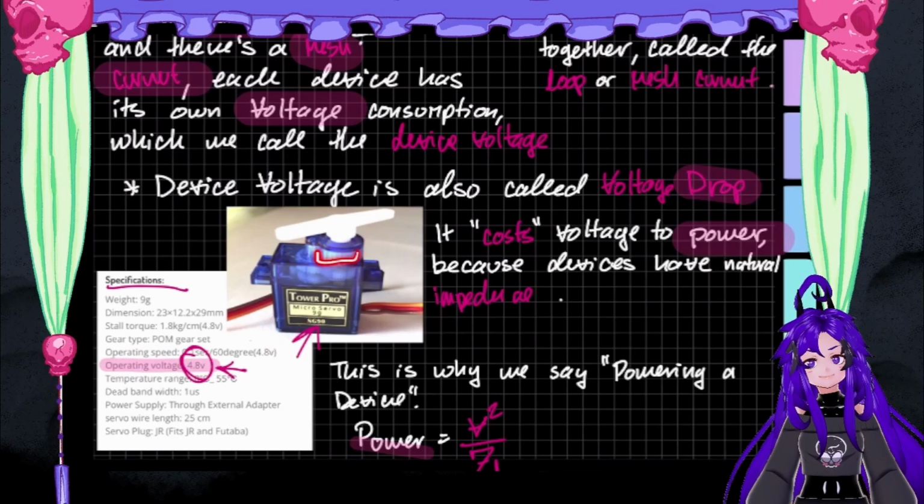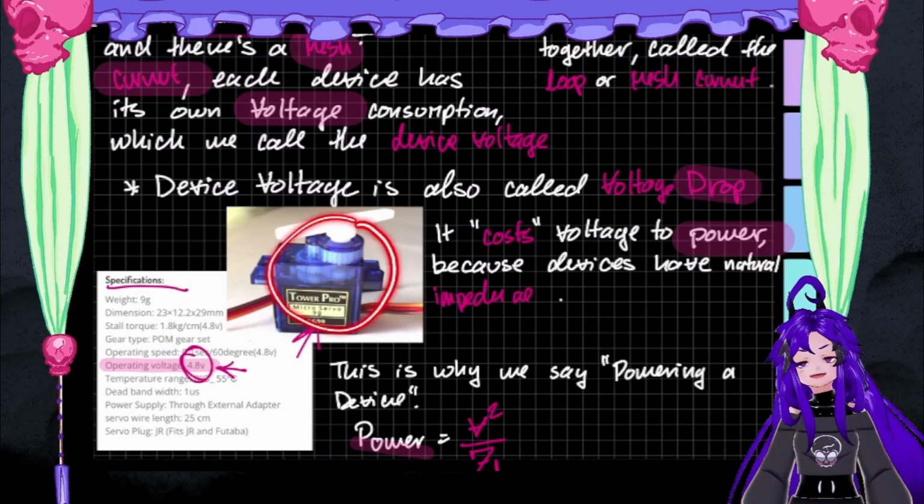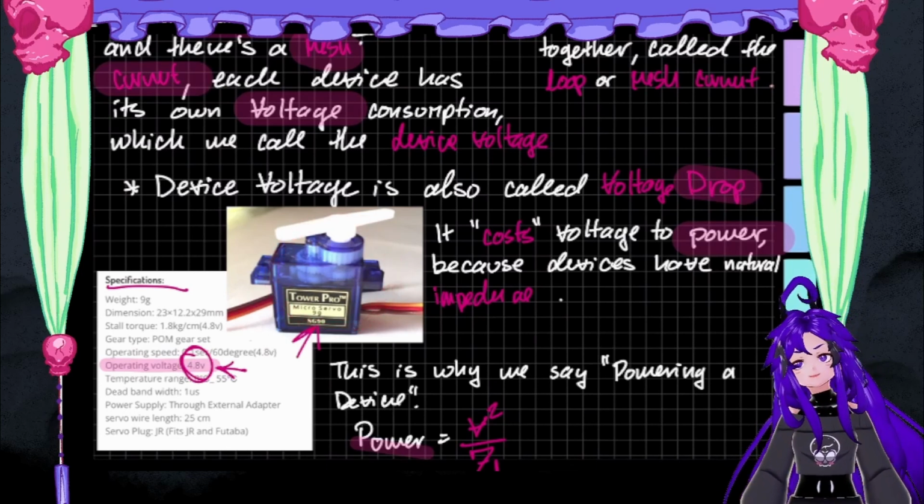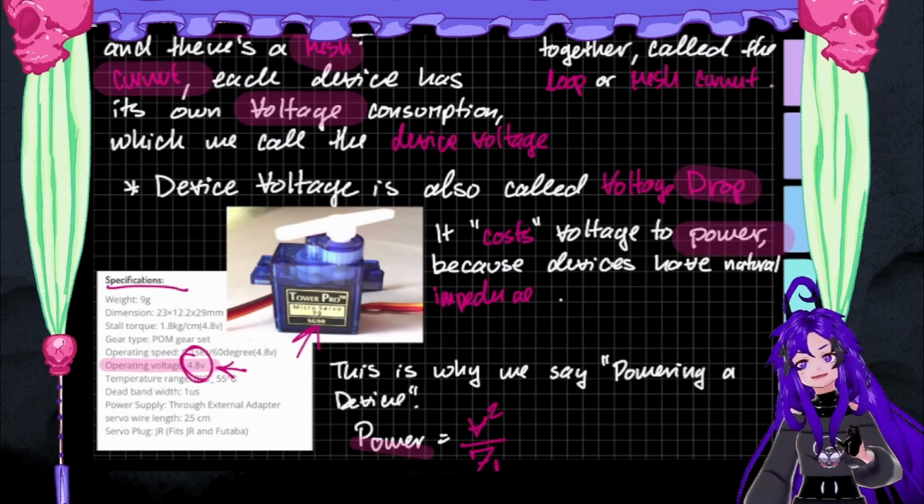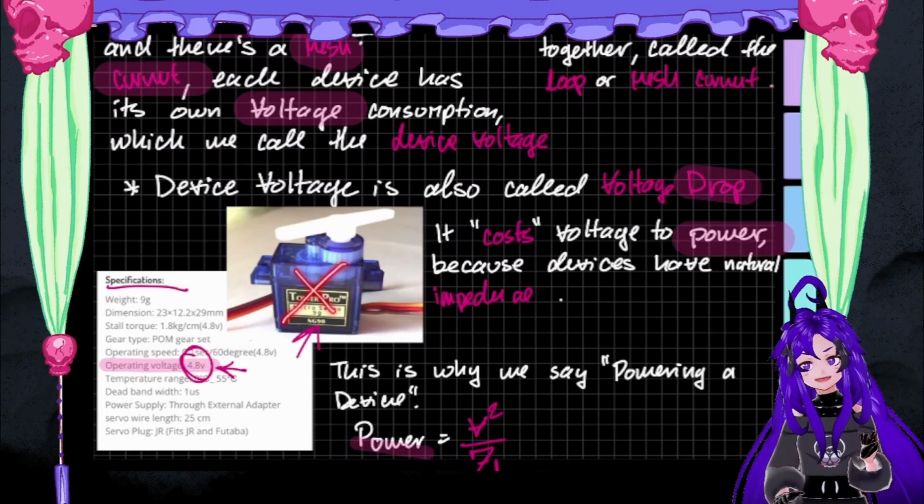There are a lot of little gears and pieces in here, and for being a relatively inexpensive little device, it's a very sensitive one. Most electronic devices are like that. If you give it over 4.8 volts, you are probably going to destroy it.